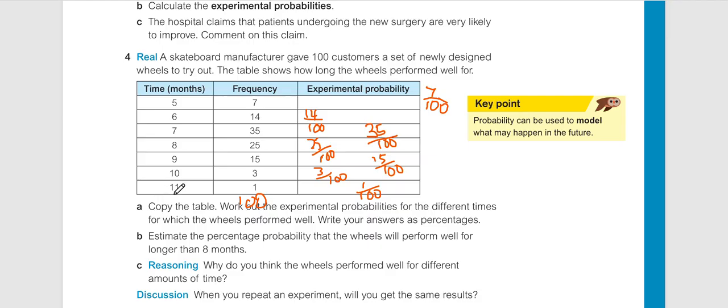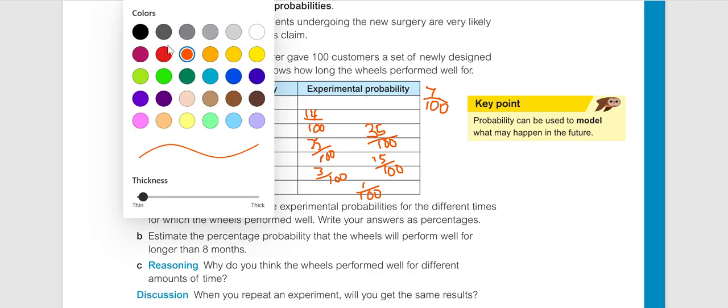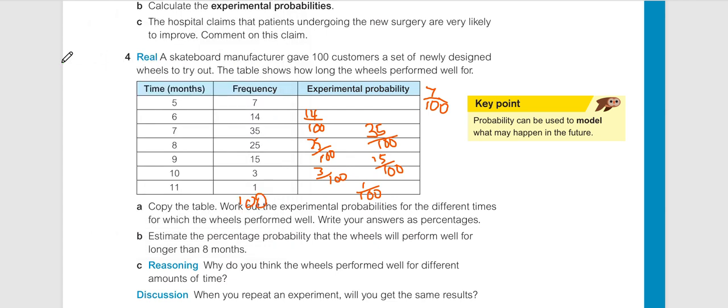So what they are asking you is to find the answers as percentages. How do you write them as percentages? First one, it's going to be 7%. Can you write it down if you have not already?